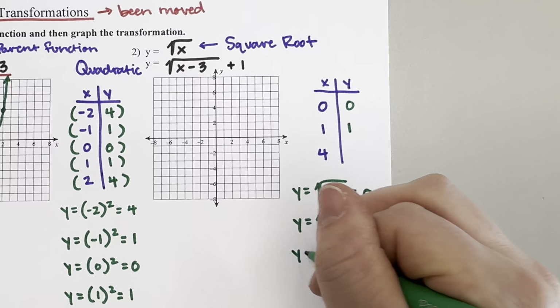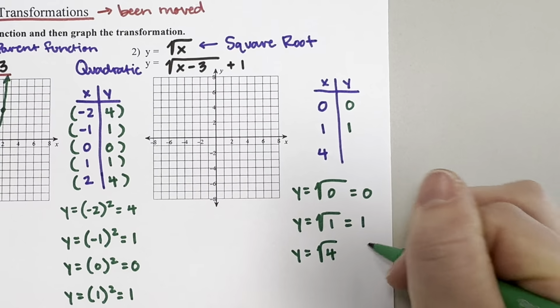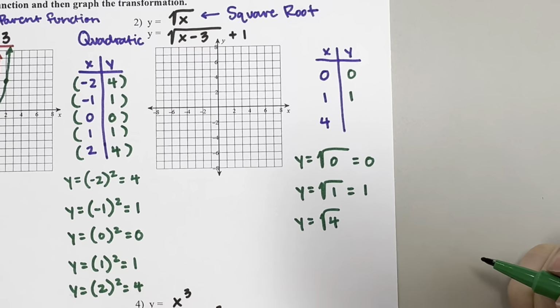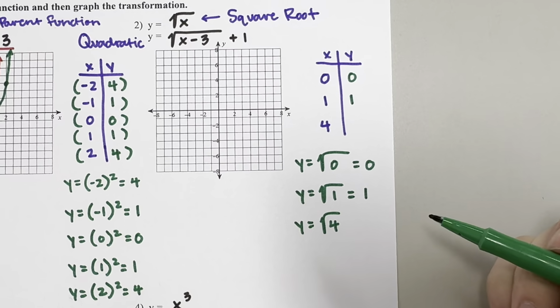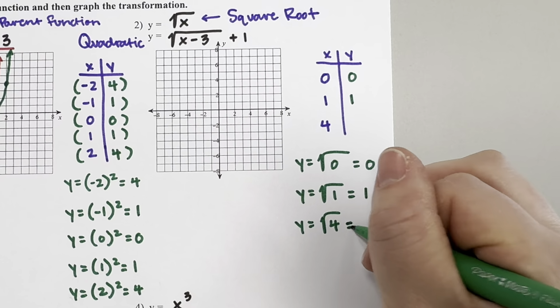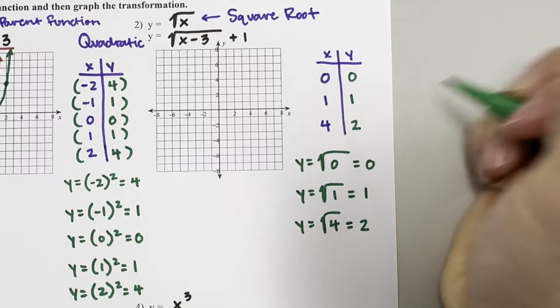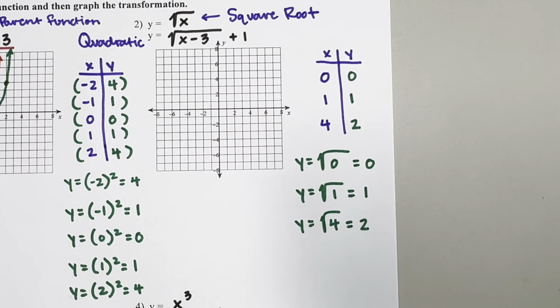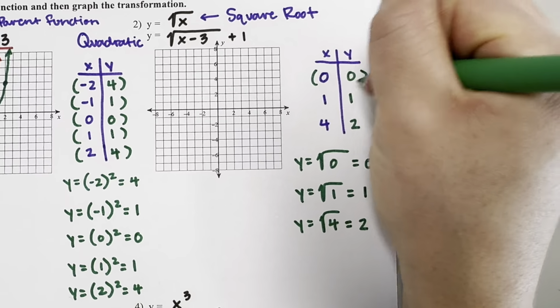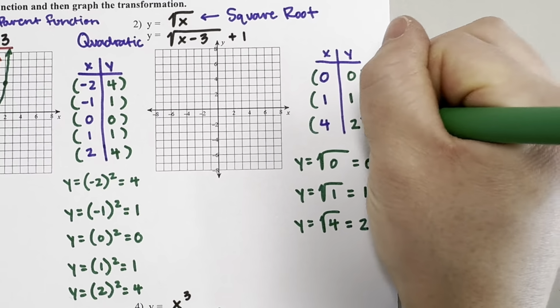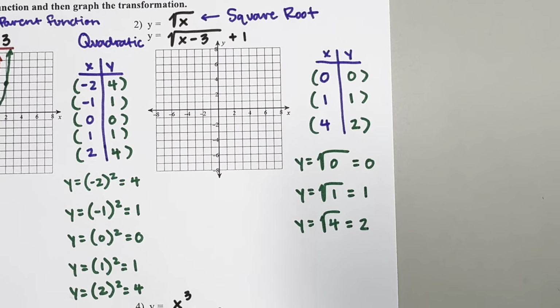And my last one, y equals the square root of 4. Okay, well, what number multiplies by itself to give me 4? That would be 2. So the square root of 4 is 2. Okay, and these are our parent function coordinate points.